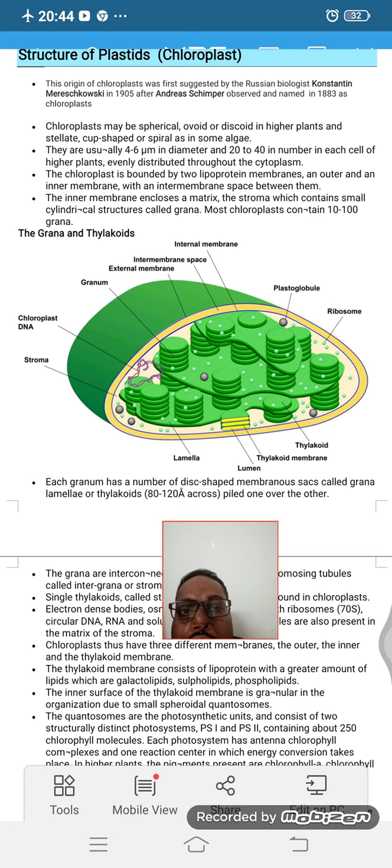In plants it is the chloroplast, and in animals the mitochondria; both are responsible for generating energy. The chloroplast is a spherical or discoid shaped structure, approximately 5 to 6 micrometers in diameter, and numbers about 20 to 40 in a leaf.